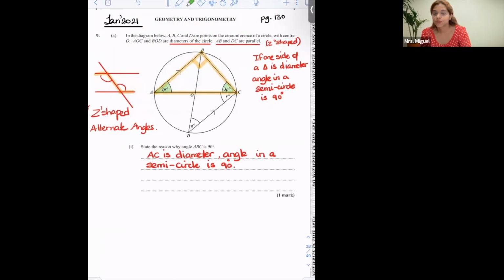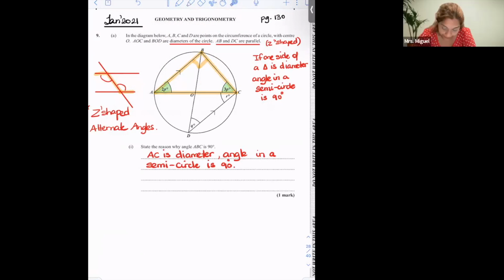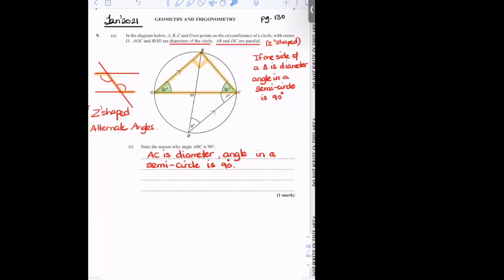Yes, miss. So how much do those two angles add to give? What is the sum of those two angles? Because we already have 90. Miss, you could subtract 90 from 180 and divide that by 5, and then multiply the answer by 2.